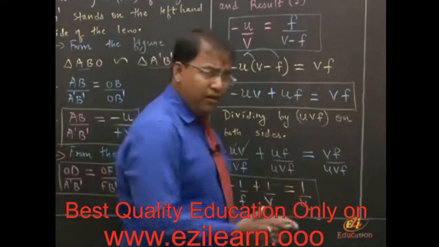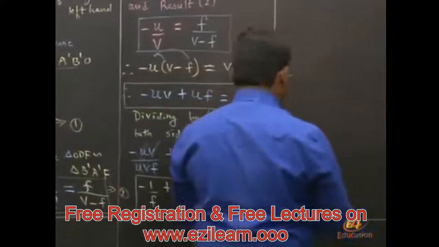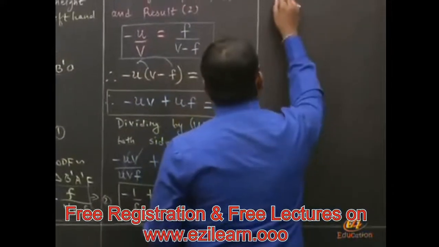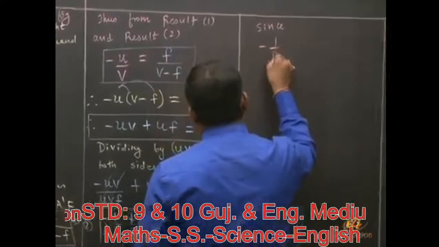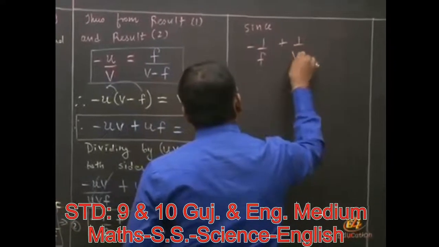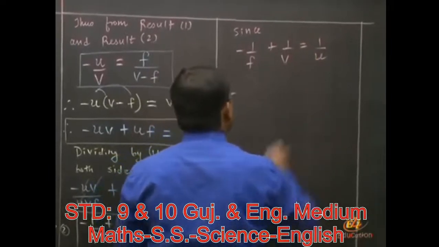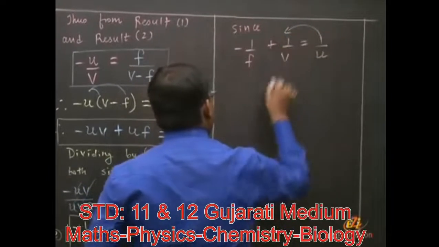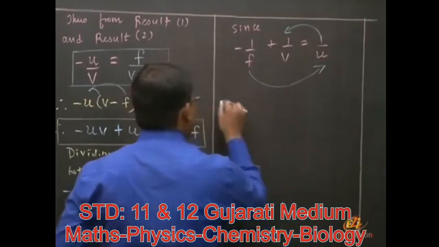I'll copy this and then bring the conclusion over here. Since minus 1 upon F plus 1 upon V is equal to 1 upon U, you should bring this towards the left hand side and this on the right hand side.